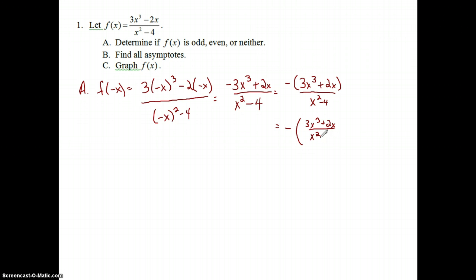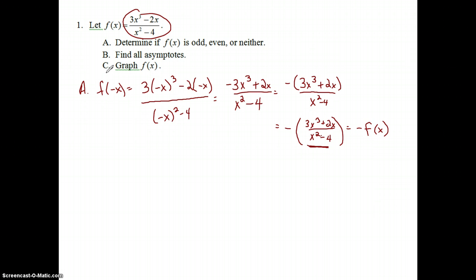We only need one negative, either the top or the bottom, to make this entire fraction negative. Notice that the rest is the same thing as our function, so we get negative f of x.